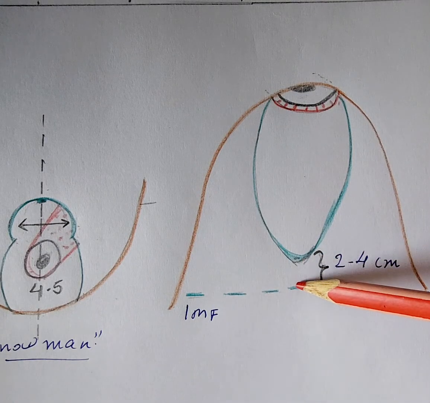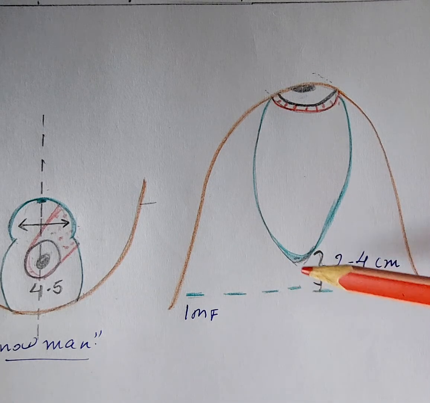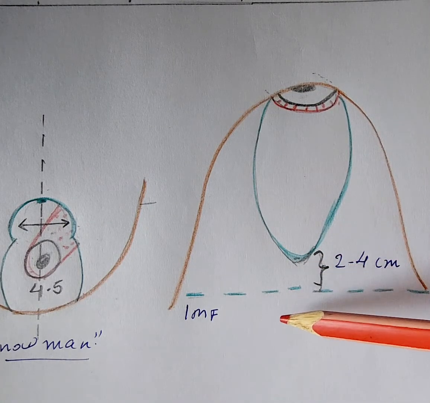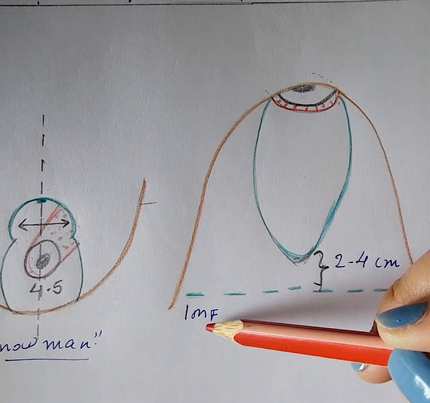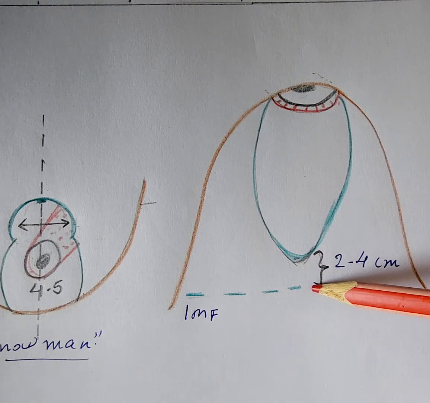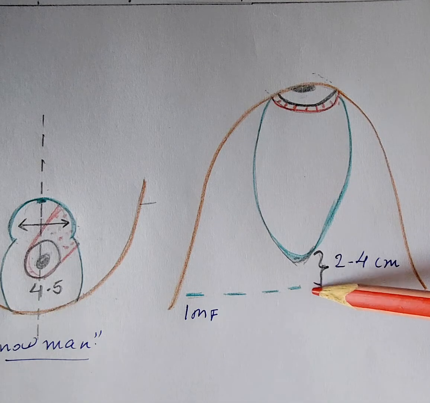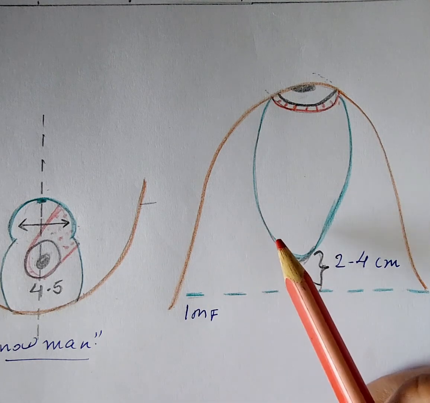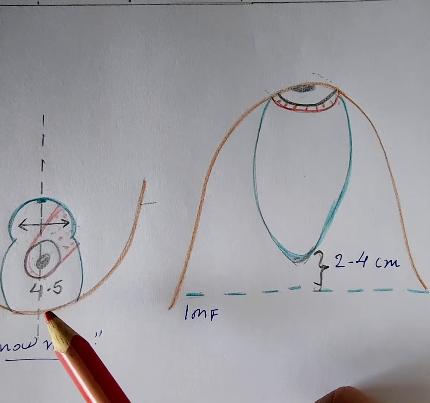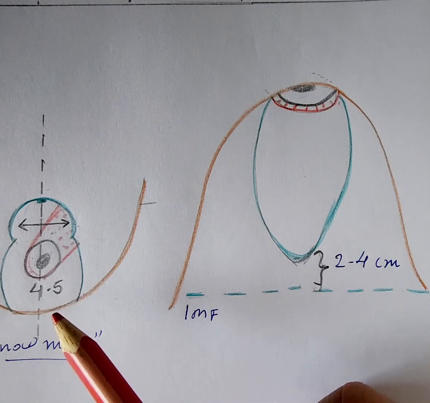We don't put it exactly at the point of the IMF, otherwise when closure is done, this scar tends to lengthen and go below the IMF onto the chest wall. So always remember that this has to stop above the IMF. Once this closure is done, you will end up with an inverted J or an L-shaped appearance.